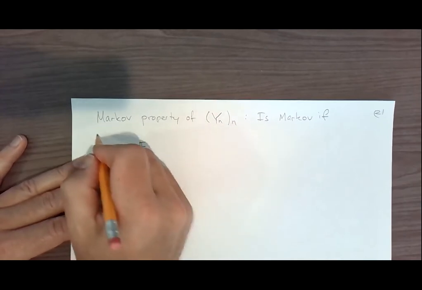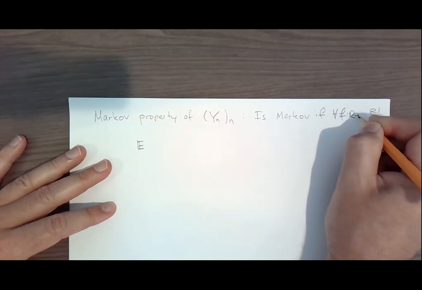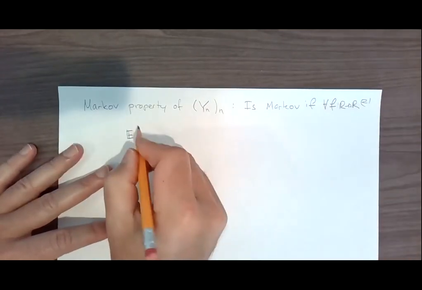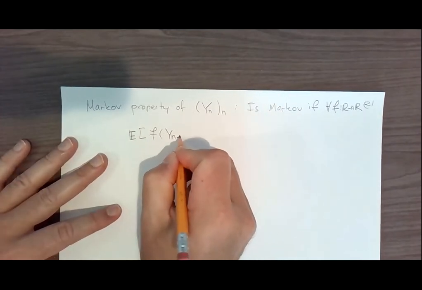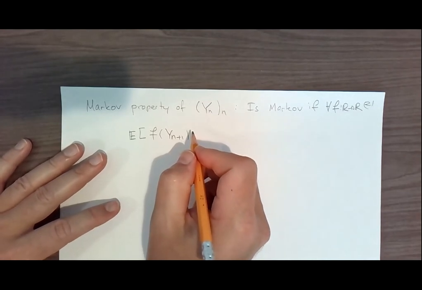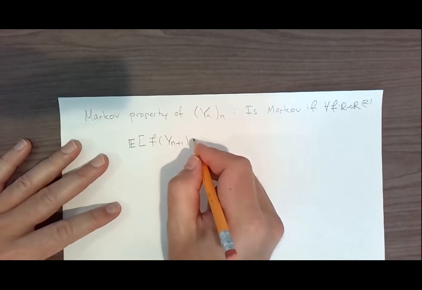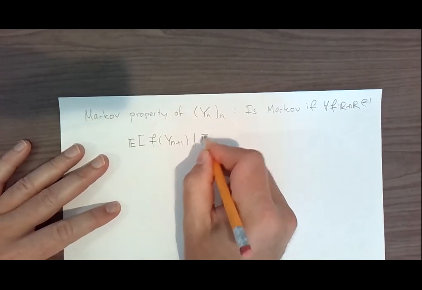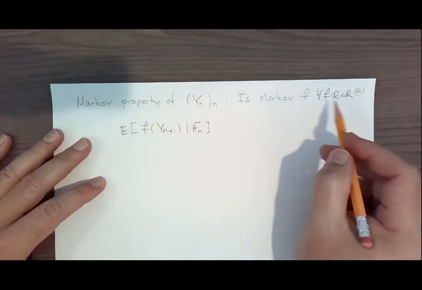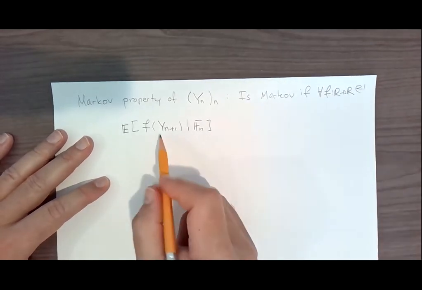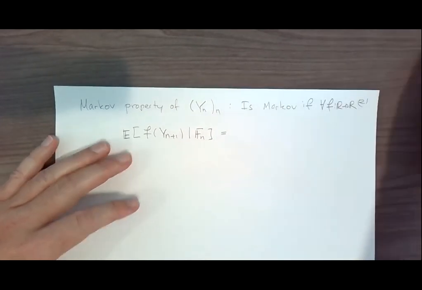For any function f, the conditional expectation of the function applied to the Markov process is Markov if, when I apply it, it is really just going to be a function.